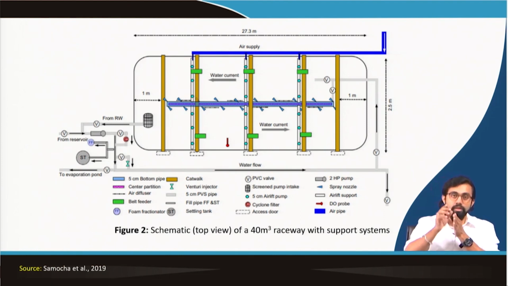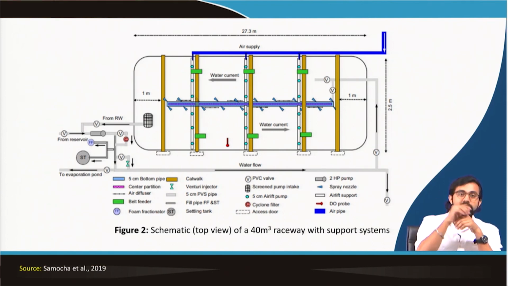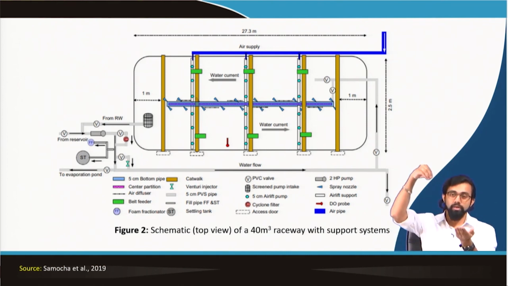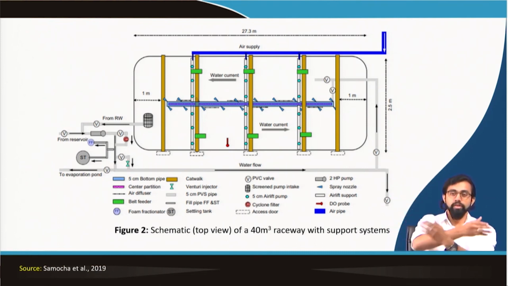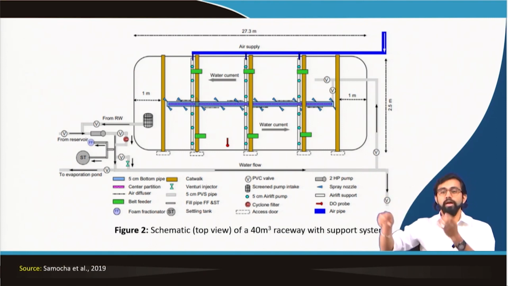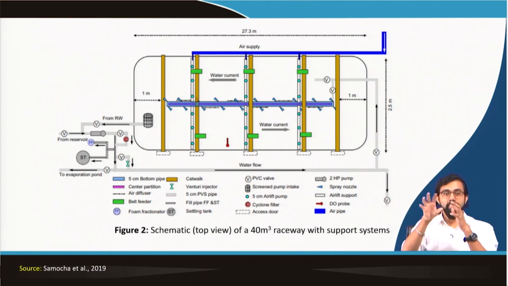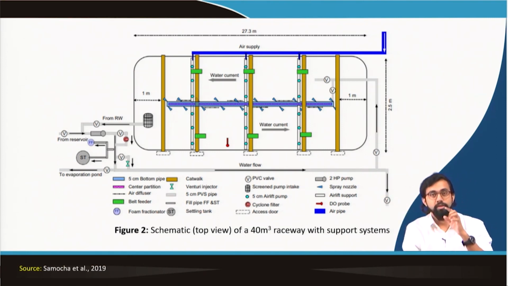There, the big green horizontal lines are the belt feeders. In the belt feeder there is a conveyor belt system that keeps moving and providing some amount of feed at a certain interval. That's the belt feeder.